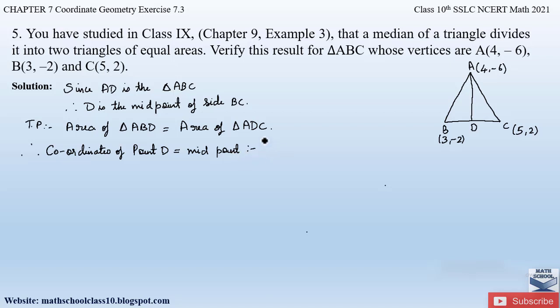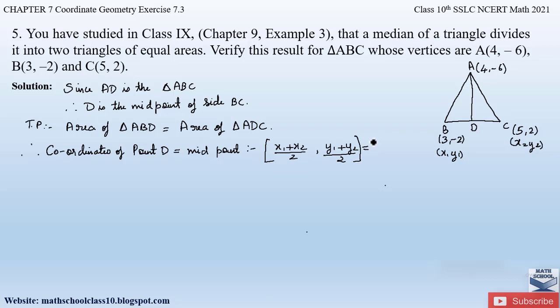The midpoint formula is given by (x1 + x2)/2, which forms the x coordinate, and (y1 + y2)/2, which forms the y coordinate. We assume point B to be (x1, y1) and point C to be (x2, y2). Now let us substitute in this formula and find the coordinates of point D.